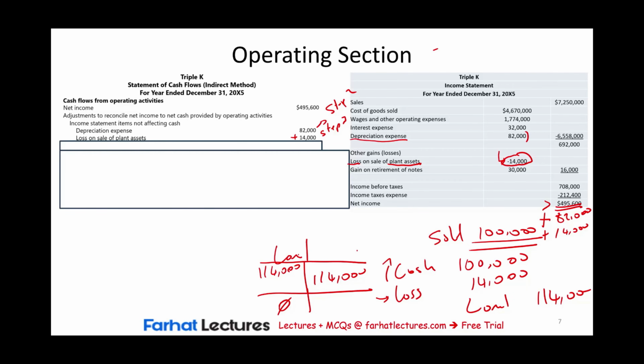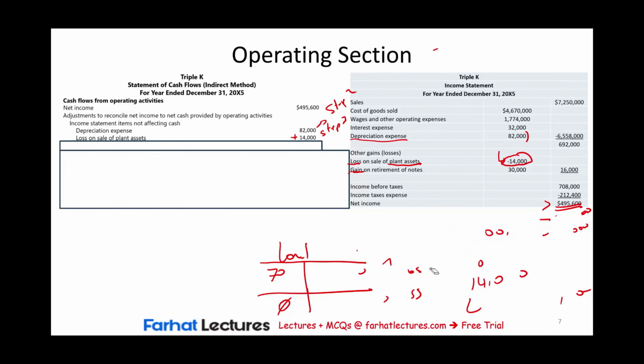Step 4 is take any gains and do what with the gains? Deduct the gains. Well, why? Well, let's think about that piece of land. Let me delete everything because let's do it with the gain.